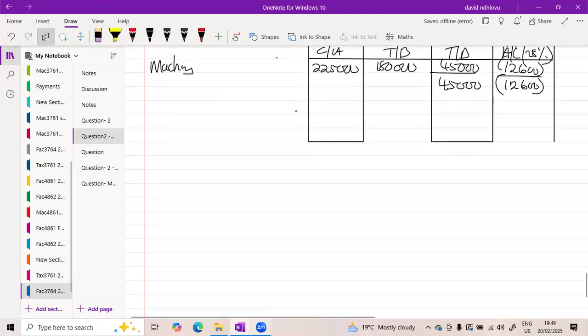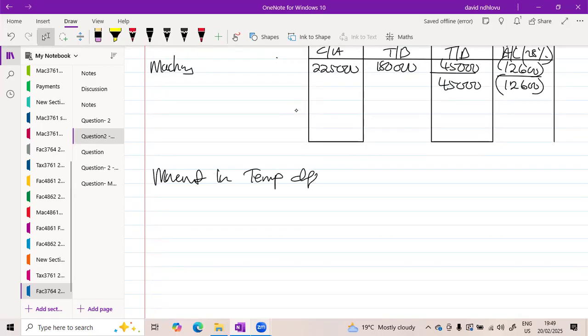So with that, you will then have calculated your movement in temporary differences, excluding unused tax losses.